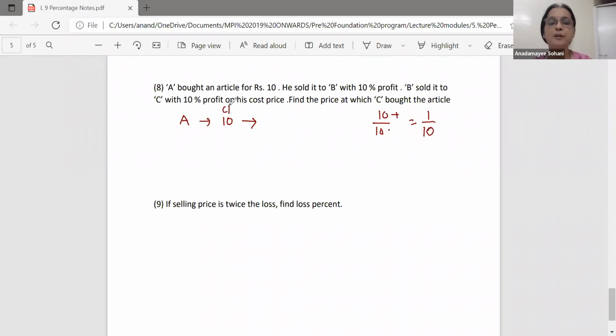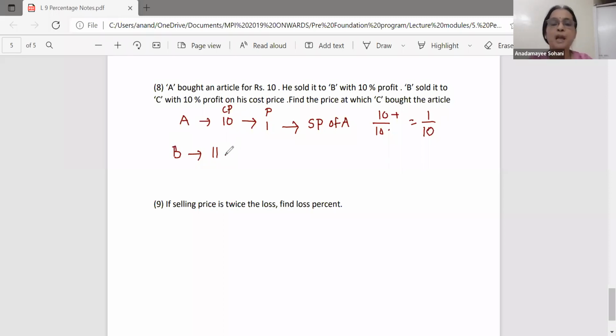So he took a profit of 1 rupee on it. That became his sale price. A sold it to B. So what is B's cost price? 11 rupees. B bought it from A for rupees 11. So this is B's cost price.